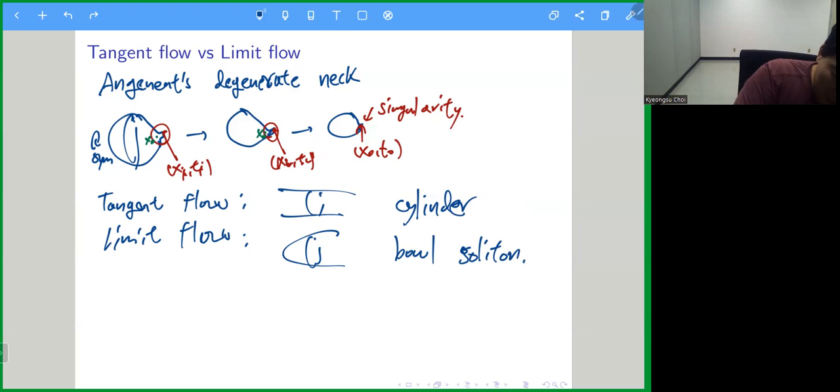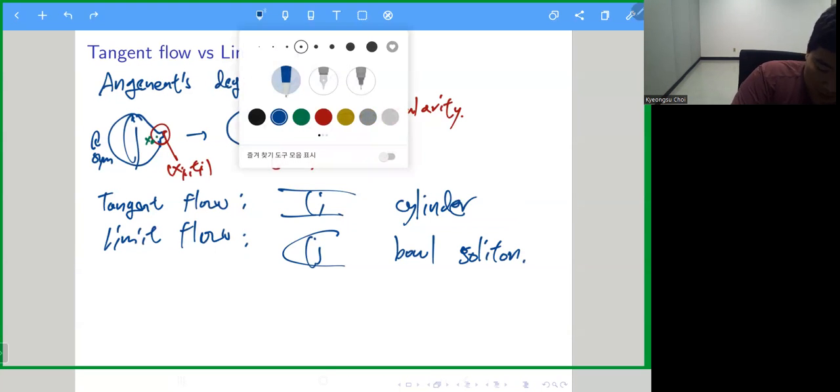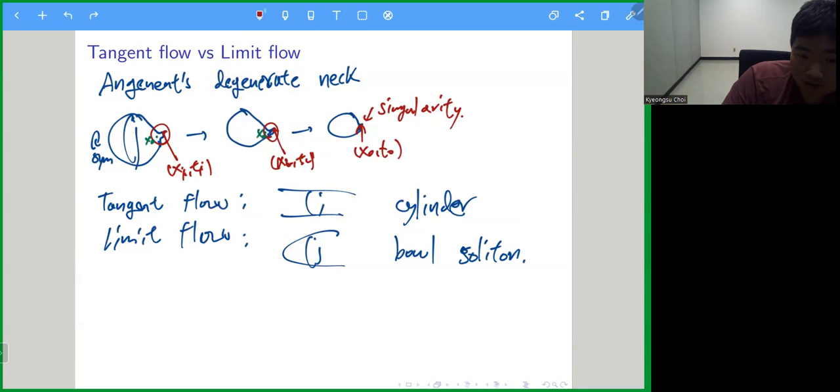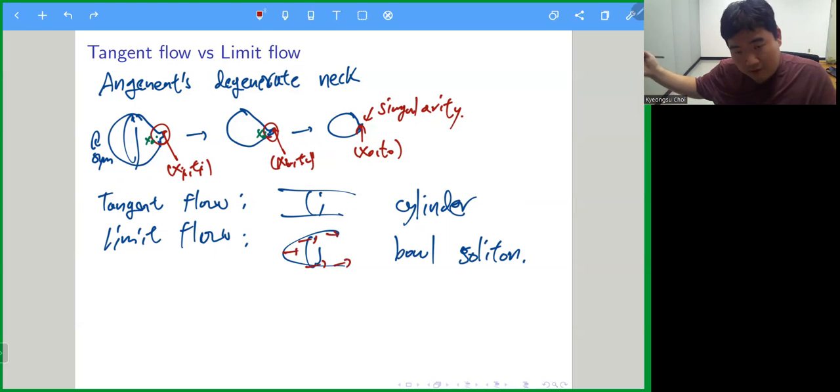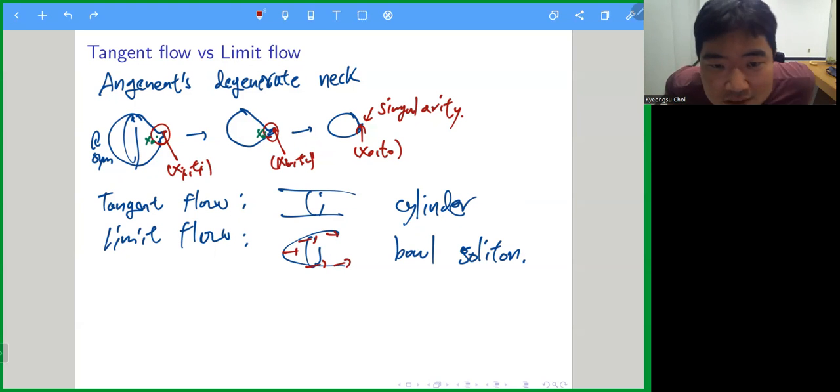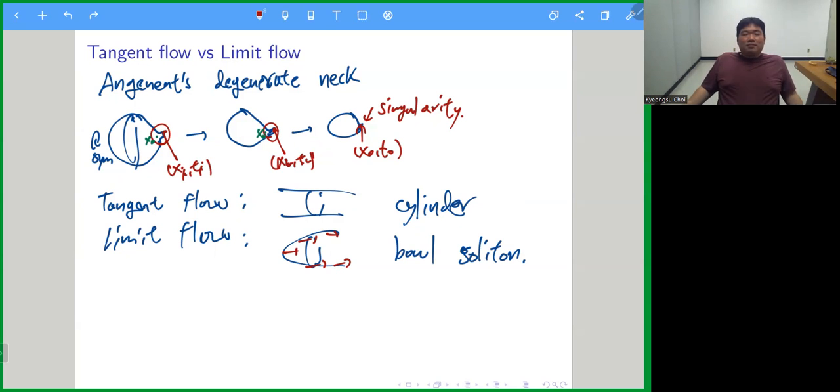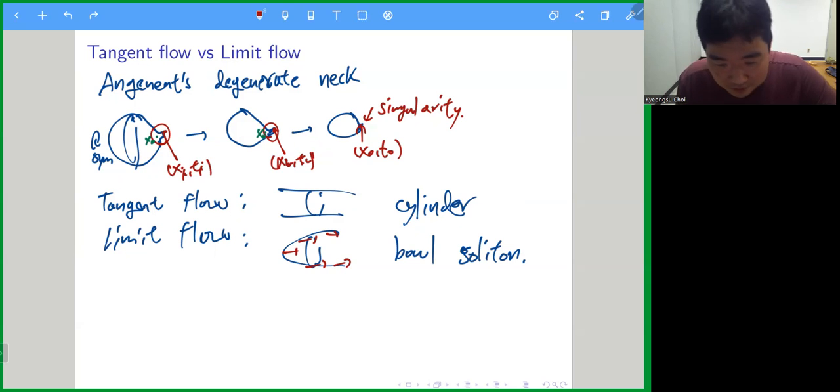So this bowl soliton is not a shrinking flow. The cylinder and sphere are actually shrinking under the flow, but this bowl soliton is translating. It is kind of a traveling wave, traveling with some constant speed. So everywhere it has a constant speed vector. It does not shrink, does not expand, and just shoots out with some fixed speed, with a fixed direction.